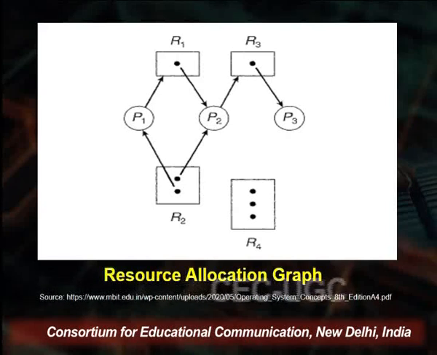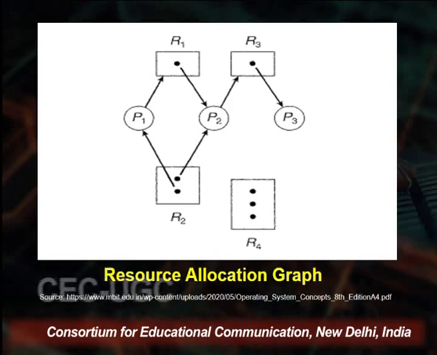Now consider the cycle from R2 to P1, P1 to R1, R1 to P2, P2 to R3, R3 to P3 and P3 to R2. Then it is going to result in a cycle.